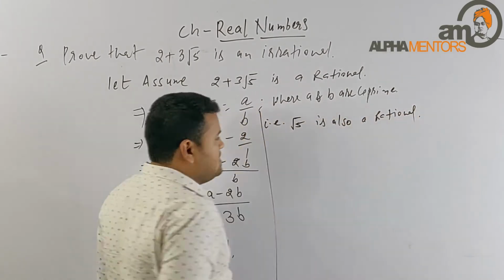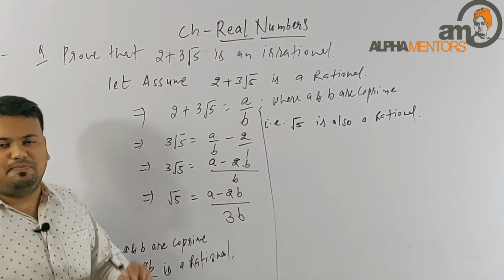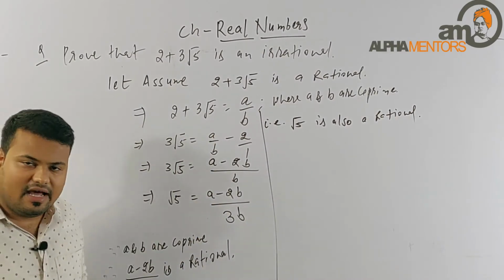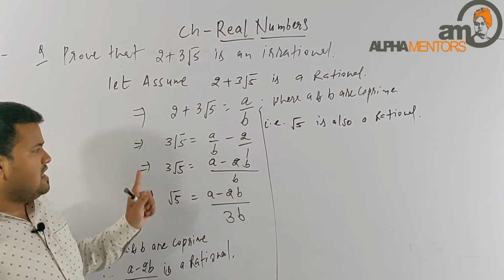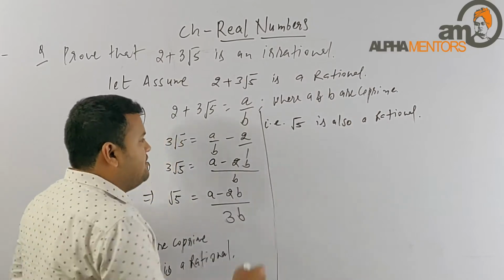क्योंकि देखिए स्टूडेंट्स, दोनों एक्सप्रेशंस के बीच में इक्वल टू का साइन है, तो आरएचएस पार्ट अगर एक रैशनल को रिप्रेजेंट कर रहा है तो आप ये कह सकते हैं root 5 इज ऑल्सो अ रैशनल.